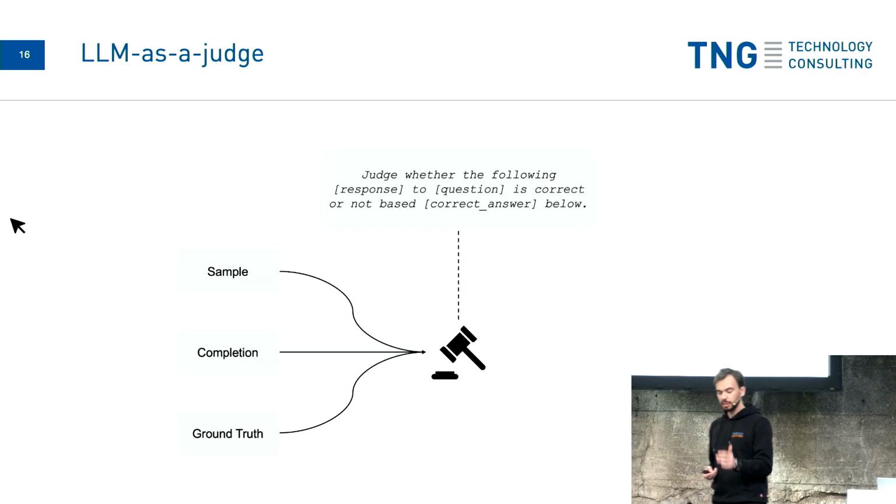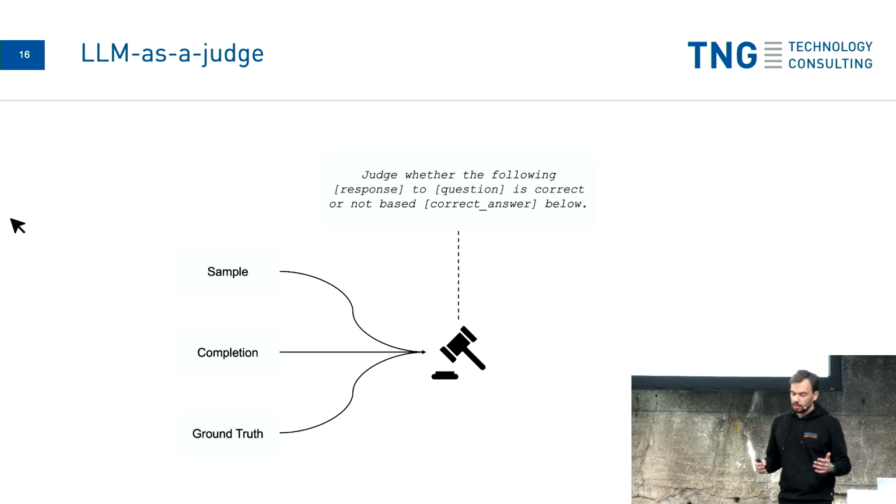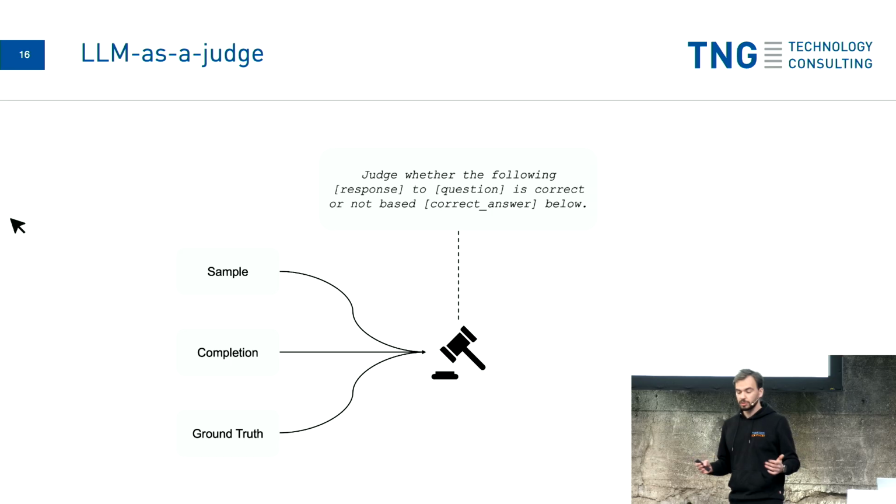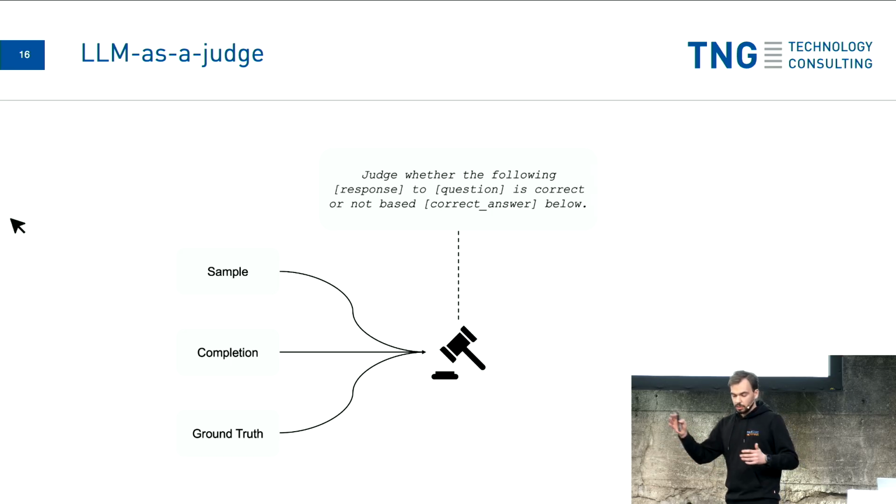So for example, here you can see a part of the judgment prompt for Humanity's Last Exam, which says, judge whether the following response to the question is correct or not, based on the correct answer below. And you then pass the respective information. And you ask the LLM to provide a score based on this.